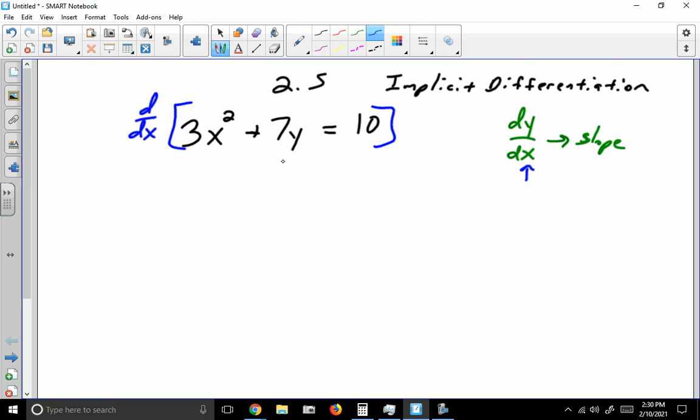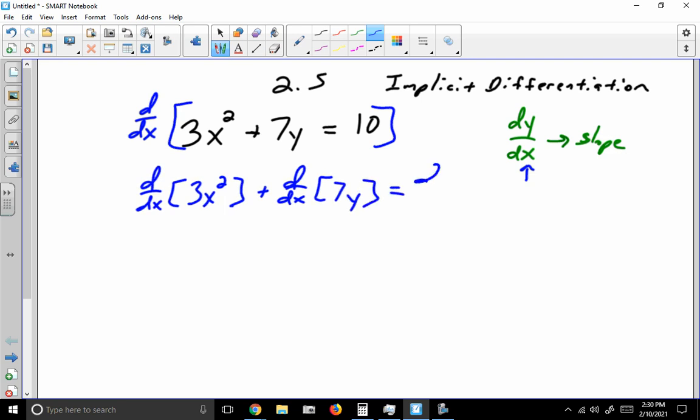So we have three terms, so we're going to differentiate the first term with respect to x, and we're going to differentiate the next term with respect to x, and we're going to differentiate the 10 with respect to x. Notice I've not applied a derivative yet. I've just expressed how the derivative will be taken. It will be taken by differentiating each term separately.